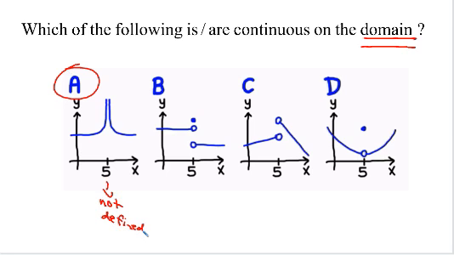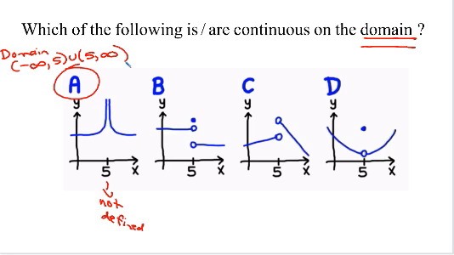Well, 5 isn't in the domain. If I were to say the domain of letter A, I would say that its domain is negative infinity to 5, union 5 to infinity. We did that in pre-calculus. We should be able to describe the domain.